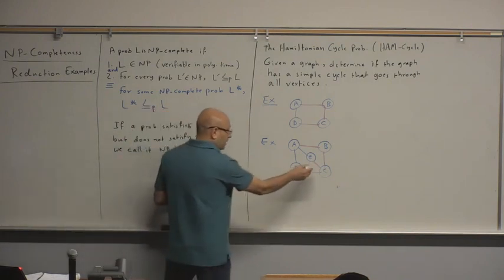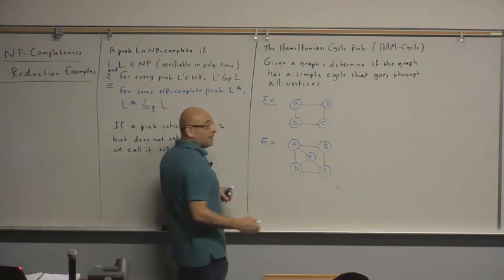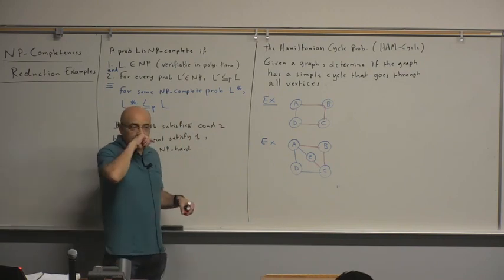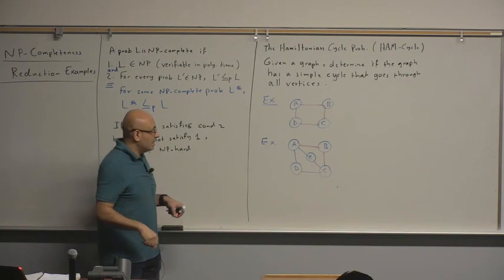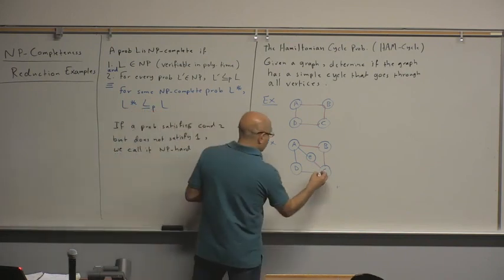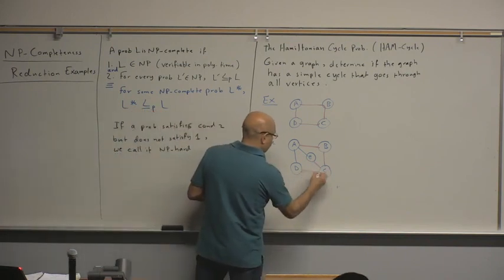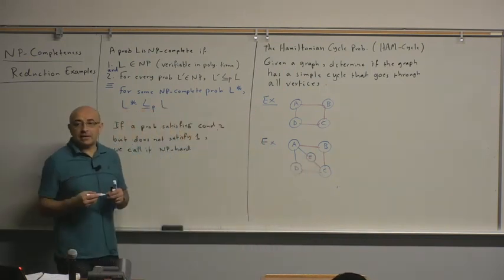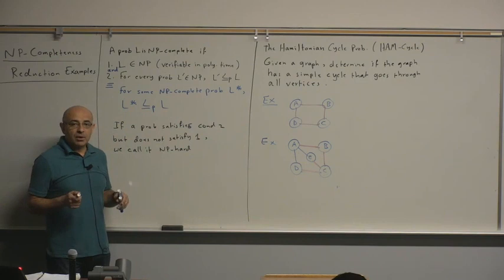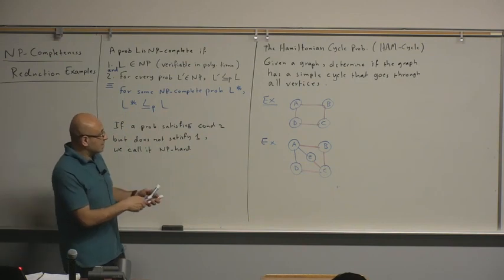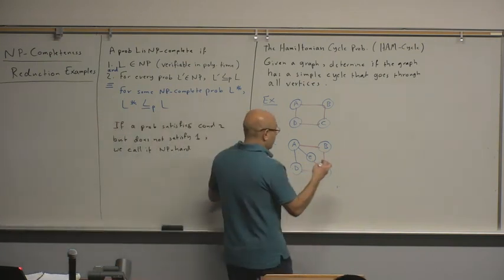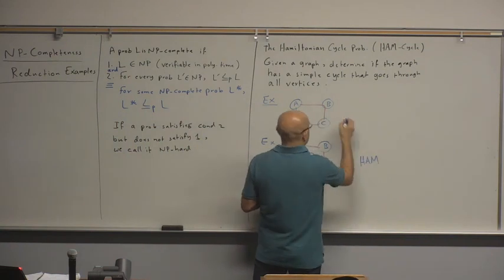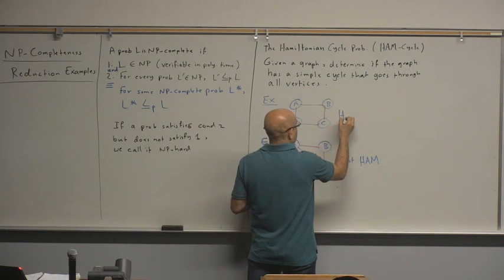So in order to get to D, we either go back or we go to A again. So in either case, we'll have to go through the same vertex more than once. And if we go this way, we'll skip E. So there is no simple cycle that can go through all vertices. So this graph is not Hamiltonian. And this is Hamiltonian.